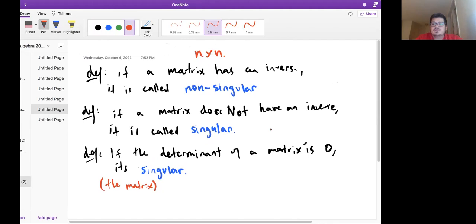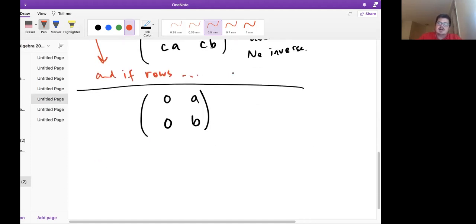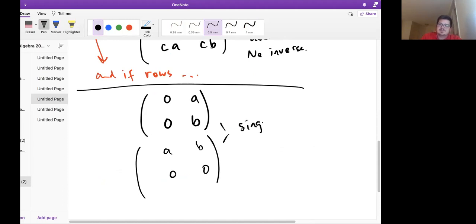Oh, it is called singular. I'll let you do this one yourself, but these are singular. If you have a row or column full of zeros, it's automatically singular, has no inverse. That's going to be a very handy tool when we do 2.1.